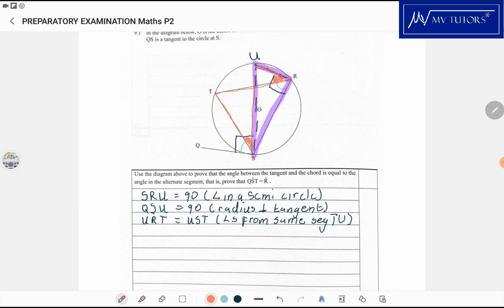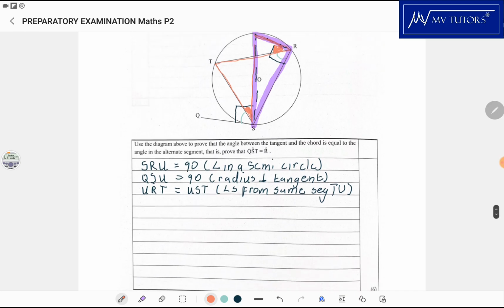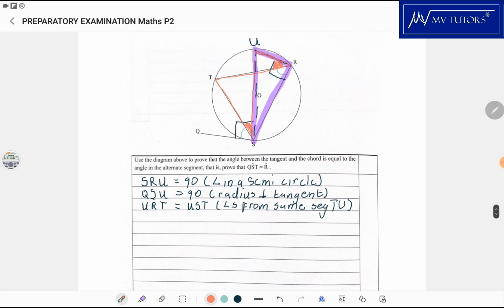So I'm just gonna rewrite it as shown in the question. They said QST, so I'm gonna write it like that. QST is equal to the angle R. Therefore, that right there is the proof that they wanted. I'll stop right there.